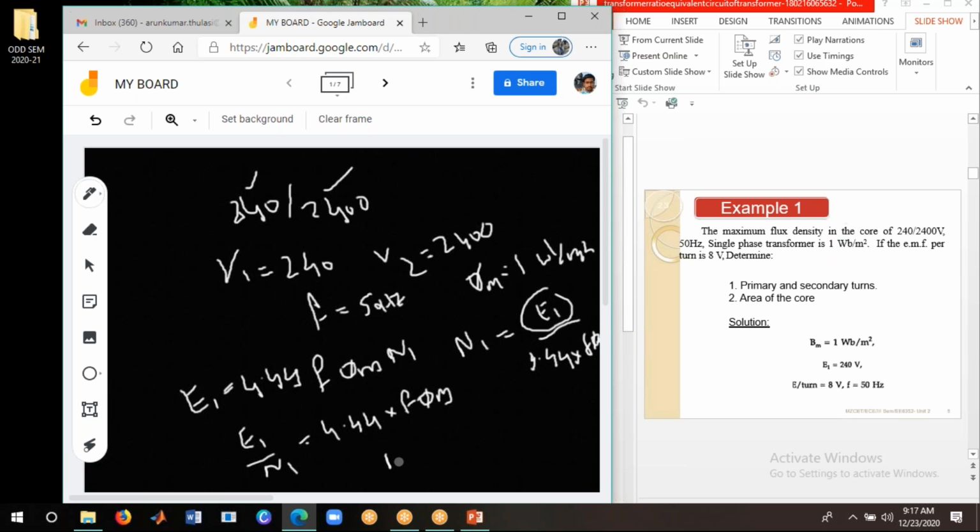So N1 is equal to 240 divided by 8... Find the value of this. N1 is equal to 8 into 240 divided by 4.44 into 50 into 1. Find the value of N1.